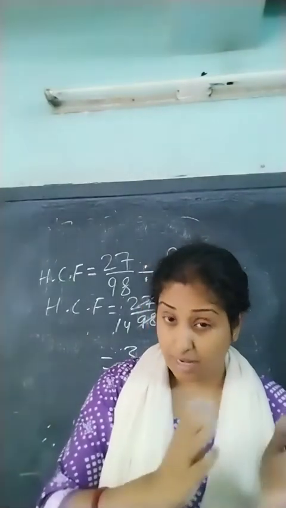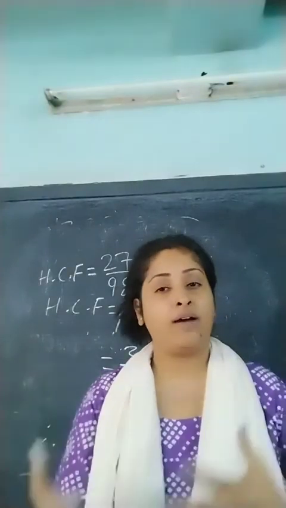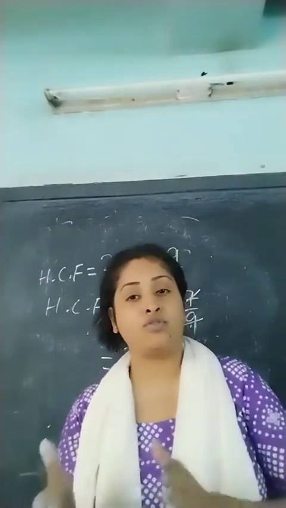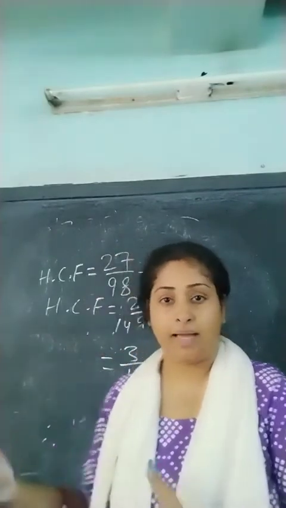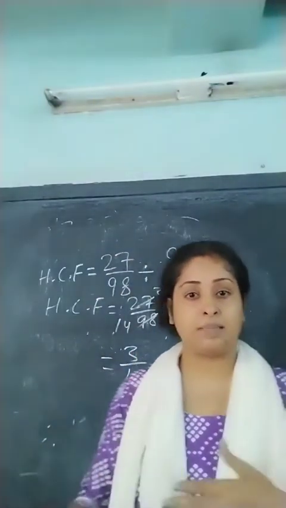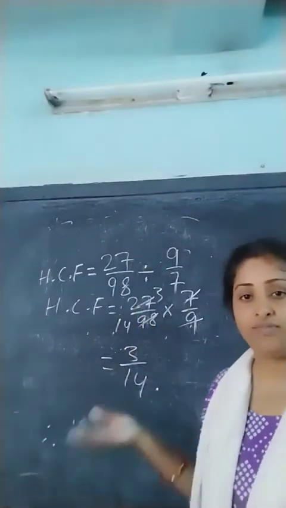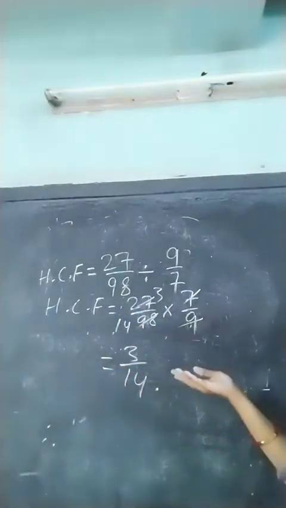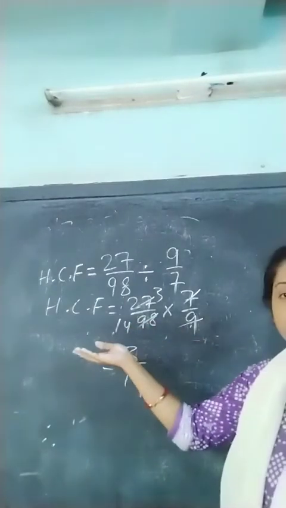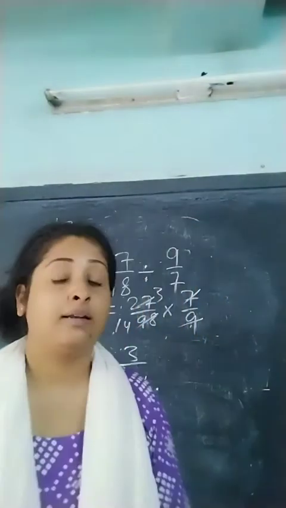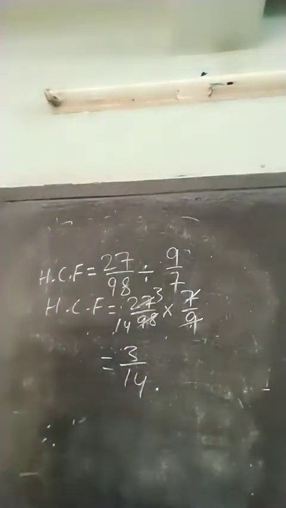If LCM, then product divided by HCF. If HCF, then product divided by LCM. Only this simple formula you have to apply. Now we will move on to the next sum.